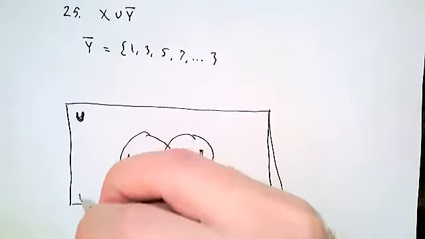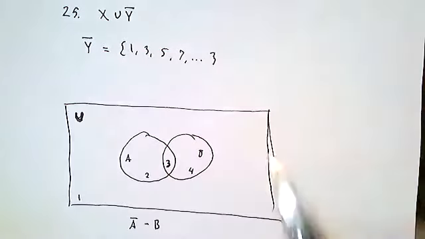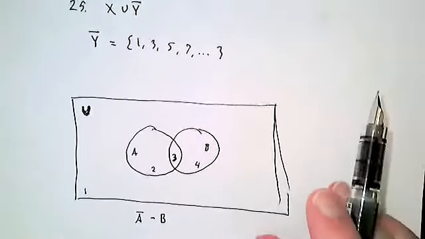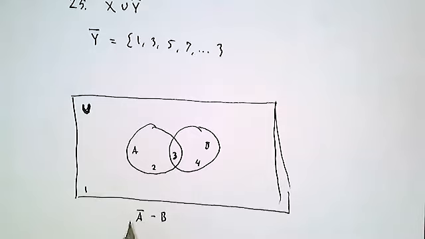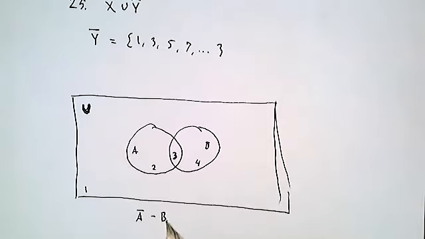If I label them 1, 2, 3, and 4, which regions are A complement? 4 and 1. Good. So A complement is everything out here, and then everything in B that doesn't overlap with A. And if I subtracted off all the elements of B, what would be left?